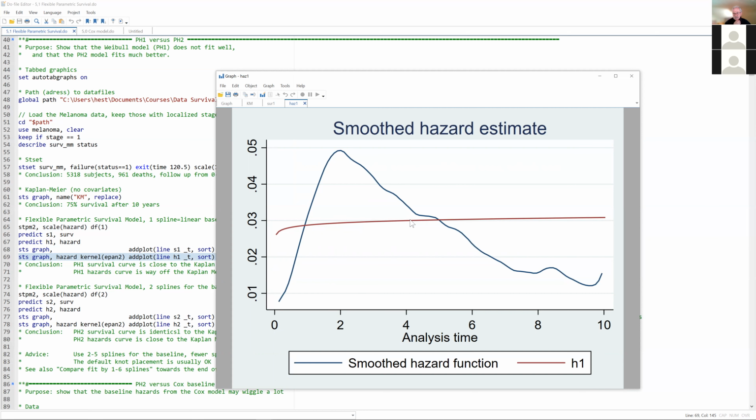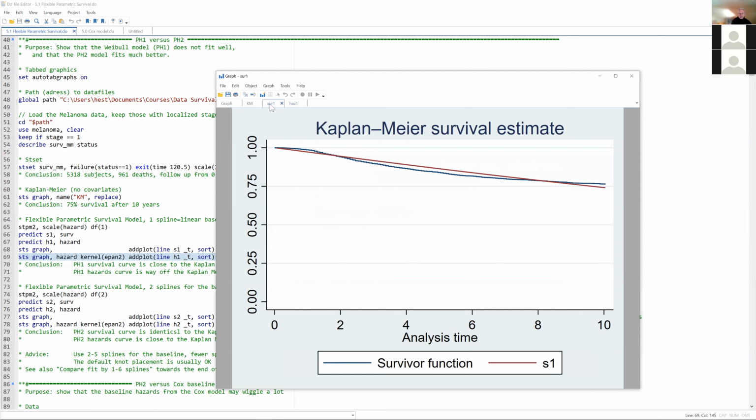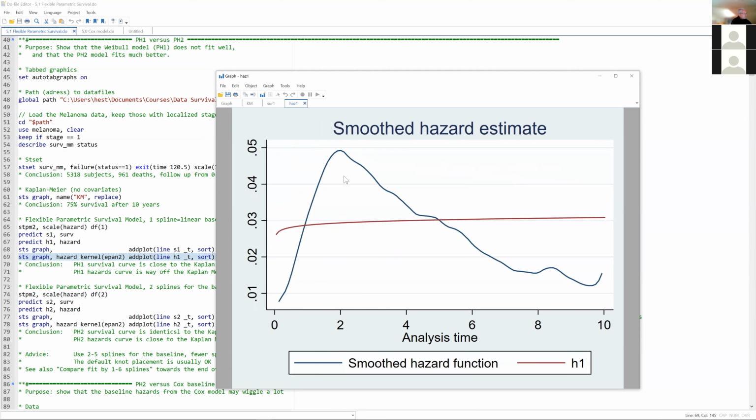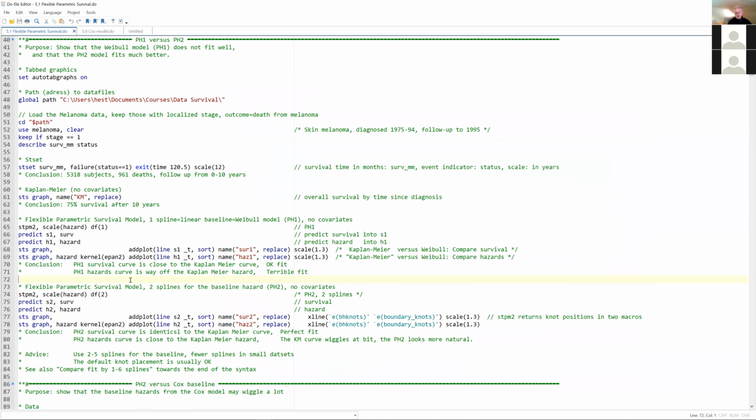So take-home message, using just 1 degree of freedom for the splines is not very good. Although surprisingly, if you look at this fit, it's absolutely terrible. But for the survival, it's quite okay. And that's maybe a surprising result here. Okay, so using 1 spline for the baseline hazard, resulting in just a straight line, is not enough.